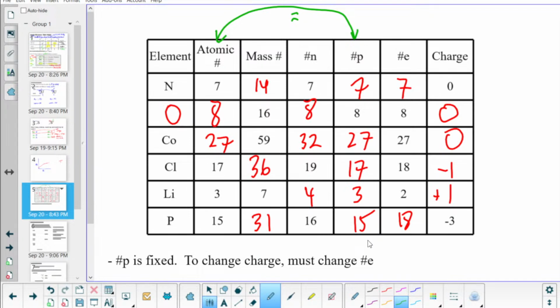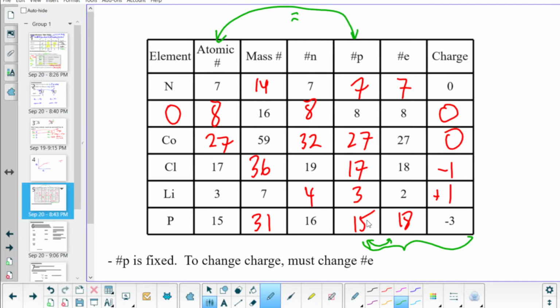Do the protons and electrons match in every case? No. You could make a relationship with the charge. Based on the charge, how would you get, say, the number of electrons from the charge and the number of protons? You add or subtract. So we need a consistent one.